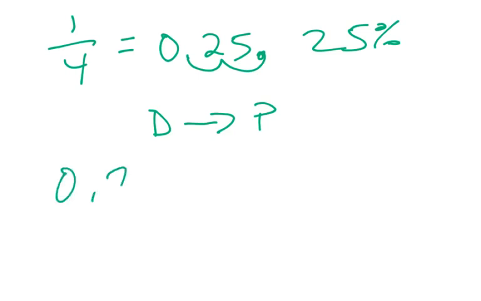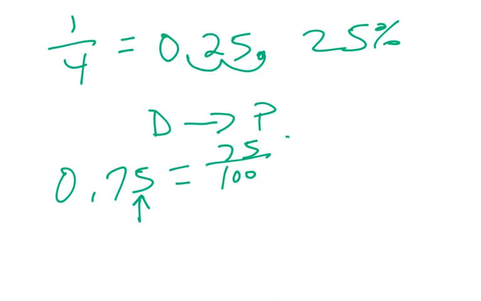If I have 0.75, that's 75 hundredths. I want to know what that is as a fraction. I'm just going to rewrite that as 75 over 100 because this is the hundredths place. Then I can reduce that to simplest form, okay?